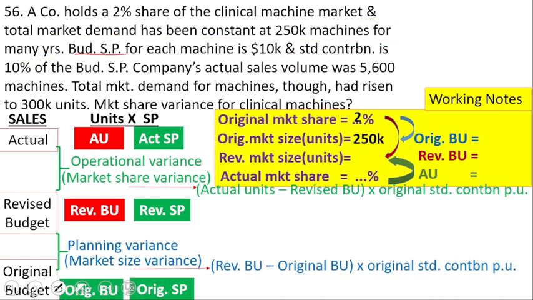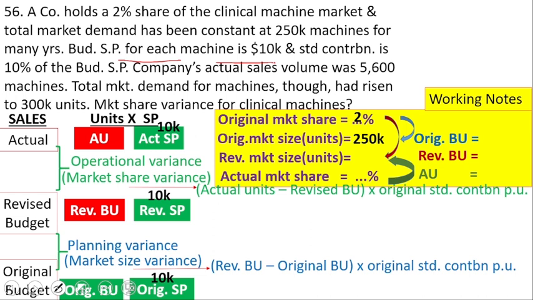Now budgeted selling price for each machine is $10,000. So we have the original selling price at $10,000. Now further in the question, they have never said anything about revising the selling prices. So against the revised selling price and the actual selling price, we will key in $10,000 as well.